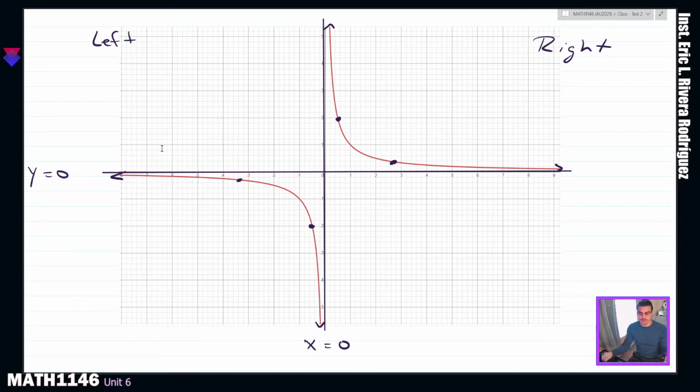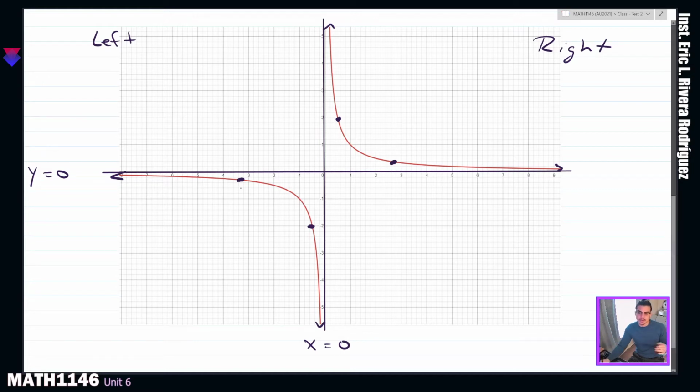graph, because with just 2 points, we know that our graph needs to pass through those 2 points, right? And because we have a horizontal asymptote and a vertical asymptote here, we know that the graph will tend to get closer and closer to the asymptotes, but it will never touch them.